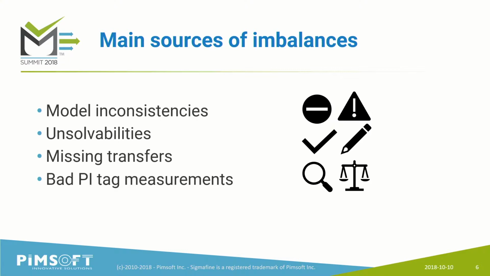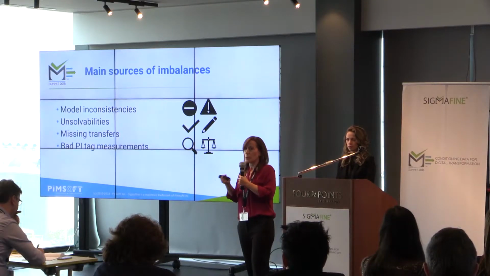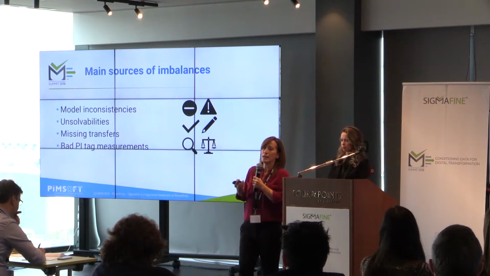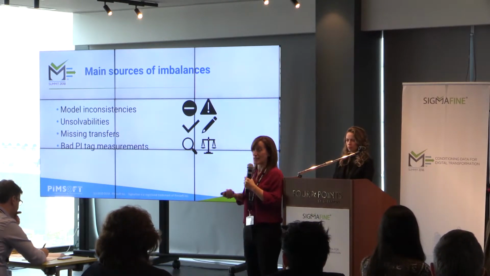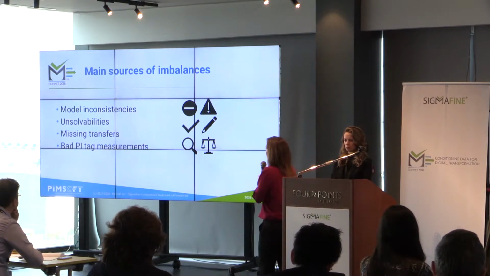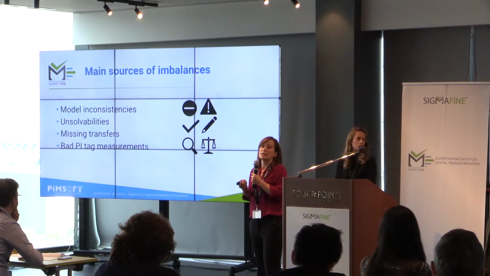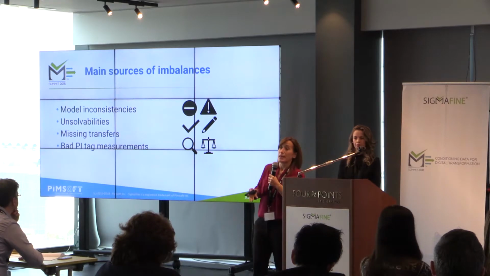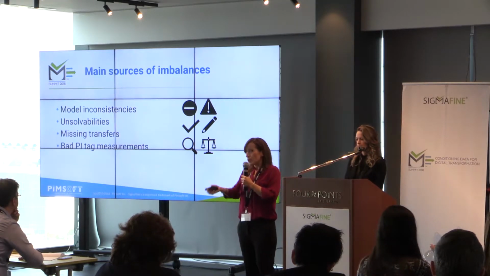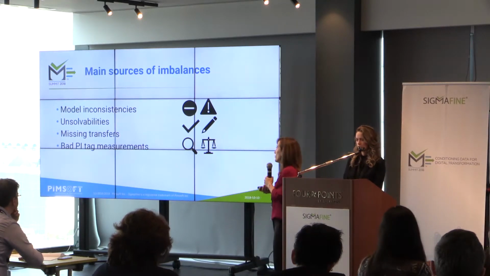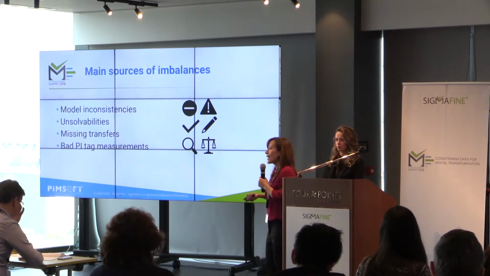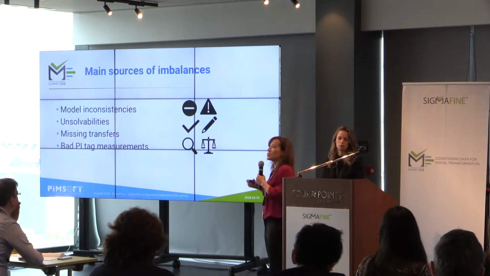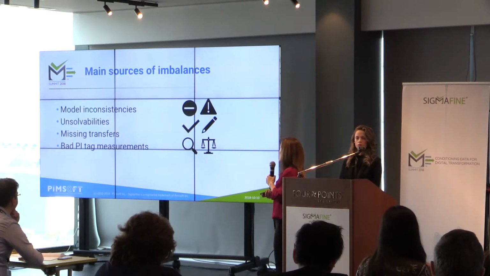Sigmafine can give you an idea of which solvability and which unsolvabilities you have in your model, and how good is the redundancy in your model. So if you have some unsolvability in your runs, you have to take action and avoid those unsolvabilities by reducing the detail of your modeling, or adding some additional measurements if you have them.